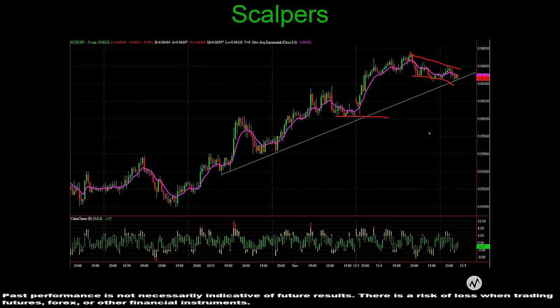That might not happen the first time. It'll probably run down to here maybe. You've got to find where your legitimate levels of support and resistance are. And again, if you are trading with the trend, this could just be a bounce. That could just be a false break.